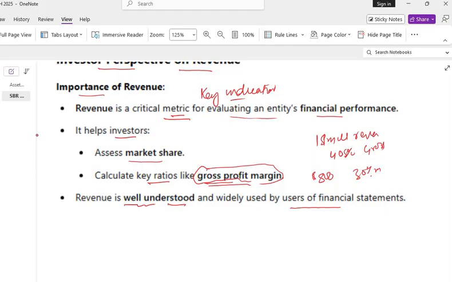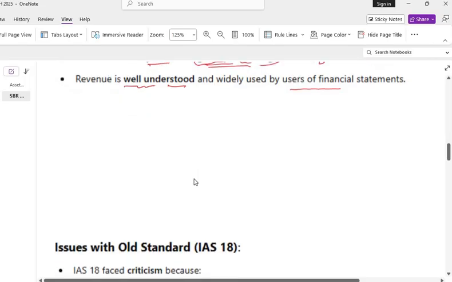A company with 1 million in revenue and a 40% gross profit margin is likely performing better than one with $500,000 revenue and 30% margin. So revenue shows the financial performance of the entity. There are some other indicators which we'll consider, but now we're just talking about the importance of revenue. Now let's move on.